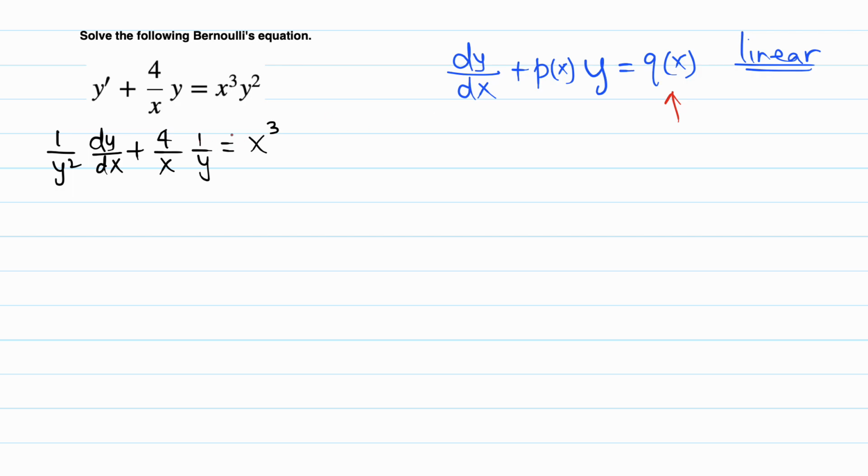I mean this is not linear, but at least the right hand side is now a good function of x. But then we have to have just the y or some dependent variable and dy over dx. But here is a fraction. x is still the independent variable.